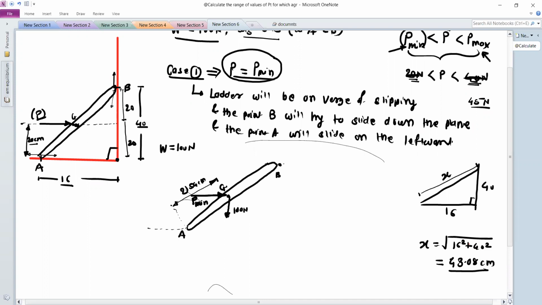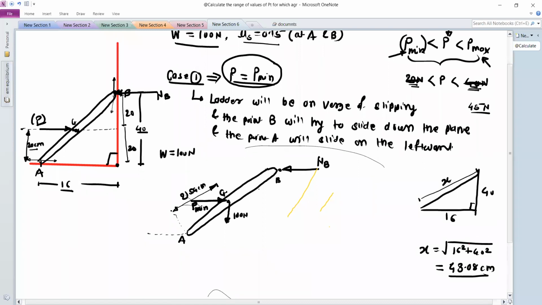Next, at point B, show the reaction. Here you will have one reaction, which is the normal reaction. So this is NB. Then at point A, this is the vertical reaction.